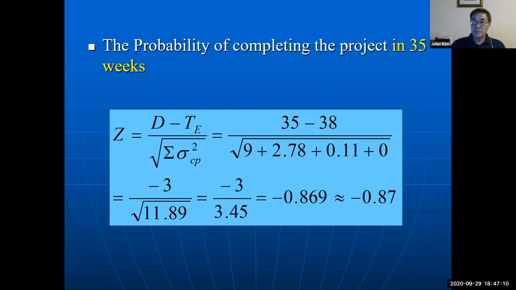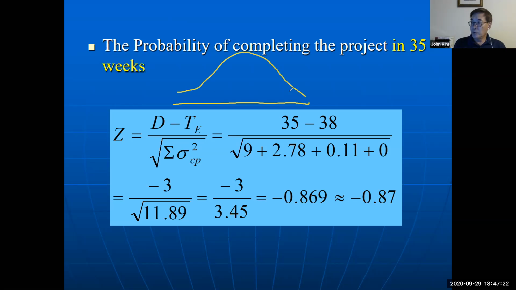This Z-score means, on the normal distribution, it is 38 and then 35 here. This is the mean average. The Z-score at the average point is 0, the left side is a negative Z-score, and the right side is a positive Z-score.